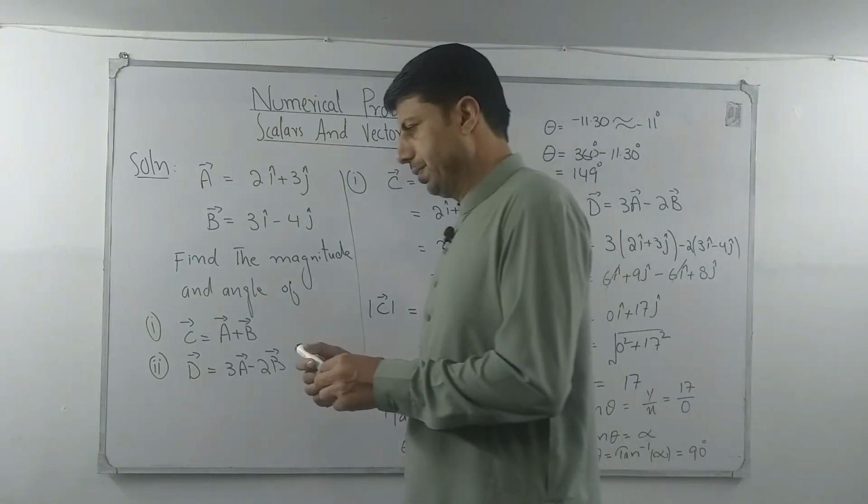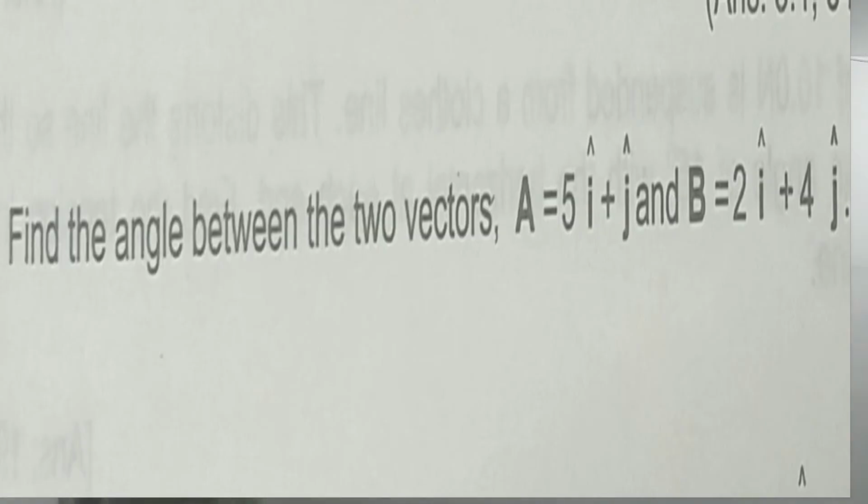The next problem is on the screen, that is 2.7. Find the angle between vector A and vector B. Find the angle between two vectors, A which is equal to 5i plus j and B is equal to 2i plus 4j.